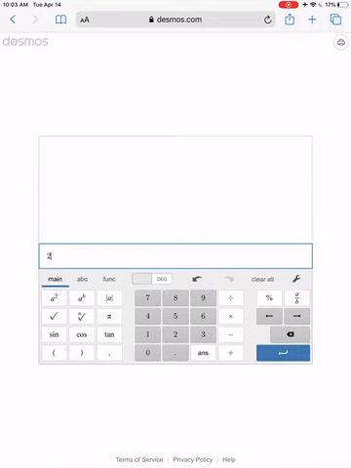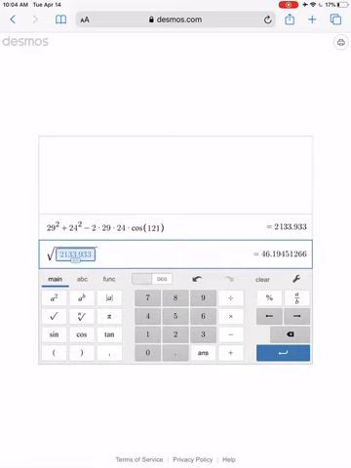So we can type it all right in. So 29 plus 24 minus 2 times 29 times 24 times cosine of 121. And then remember, it's a really large number. And so that means we got to do something to it. So we're going to take the square root of that answer.